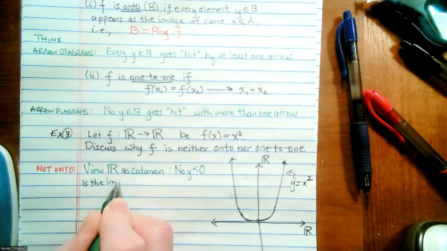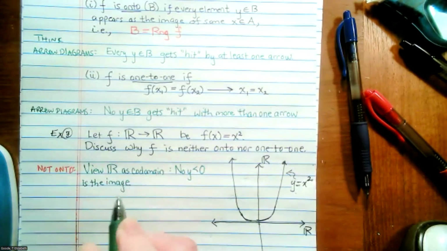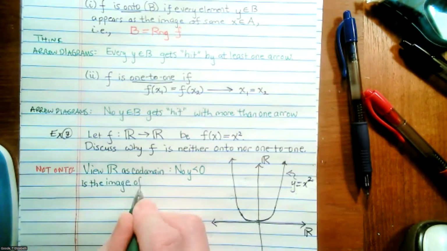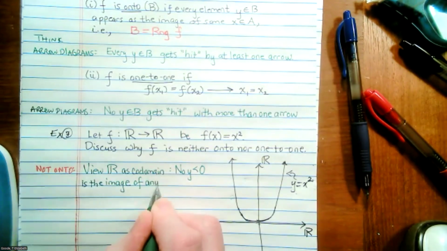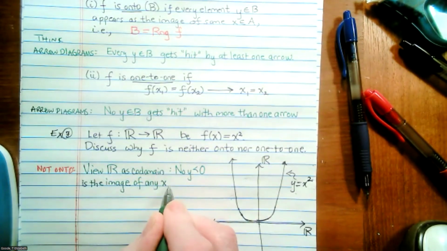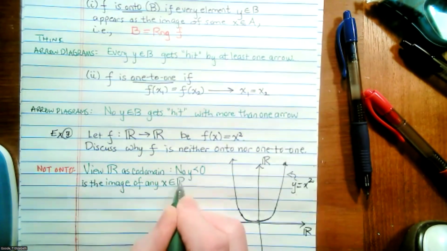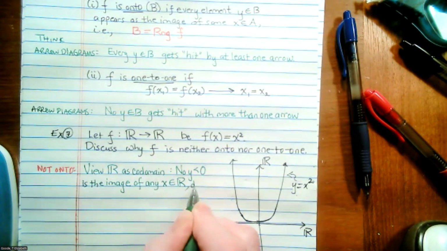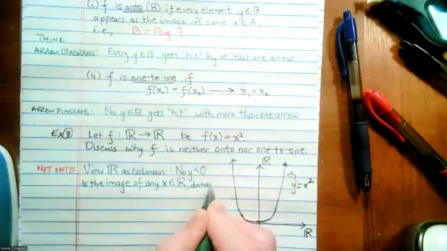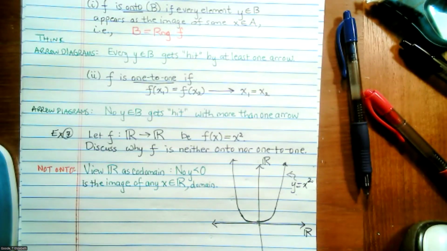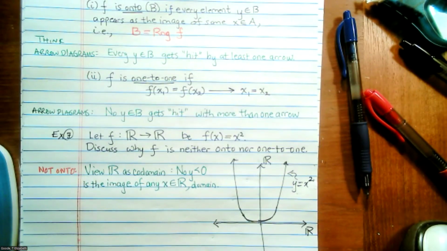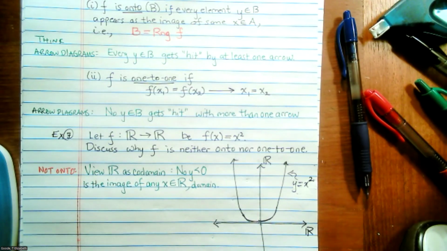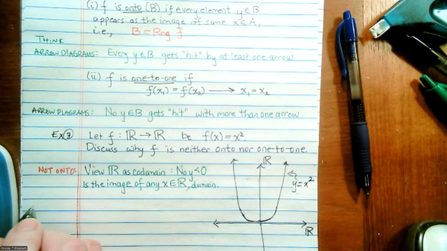And that's the phrase that we might say of any x, the image of any x in the reals when we're thinking about the x from the domain, the copy of the reals that is the domain. So it's not onto because none of these y's ever get hit down below the x-axis.